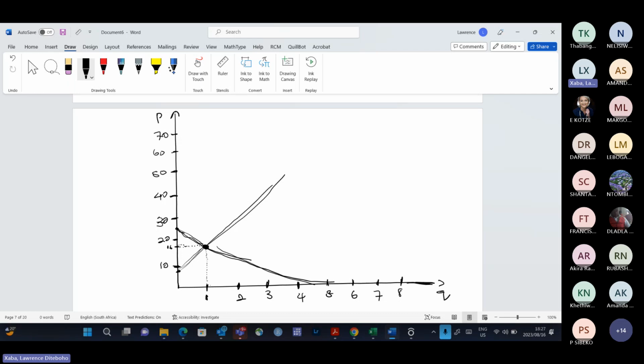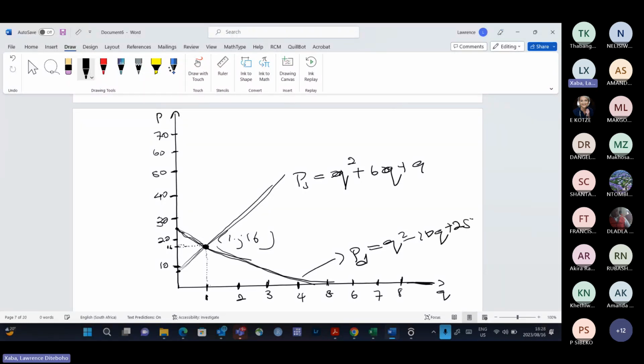Where we know we have Q equals 16. That is our equilibrium point, where for our supply we have P subscript S equals Q squared plus 6Q plus 9, and for demand we have P subscript D equals Q squared, or rather minus 10Q plus 25.